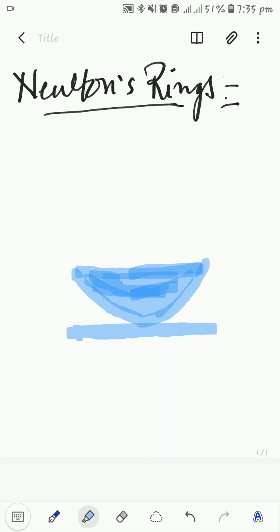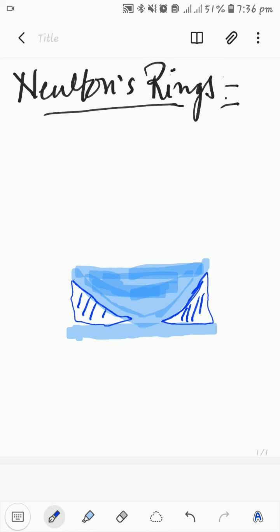So we keep a convex lens over a plain glass surface and we consider the air film produced by this. What we get is the air film here. So like this, in the whole structure there will be an air film in 3 dimensions.